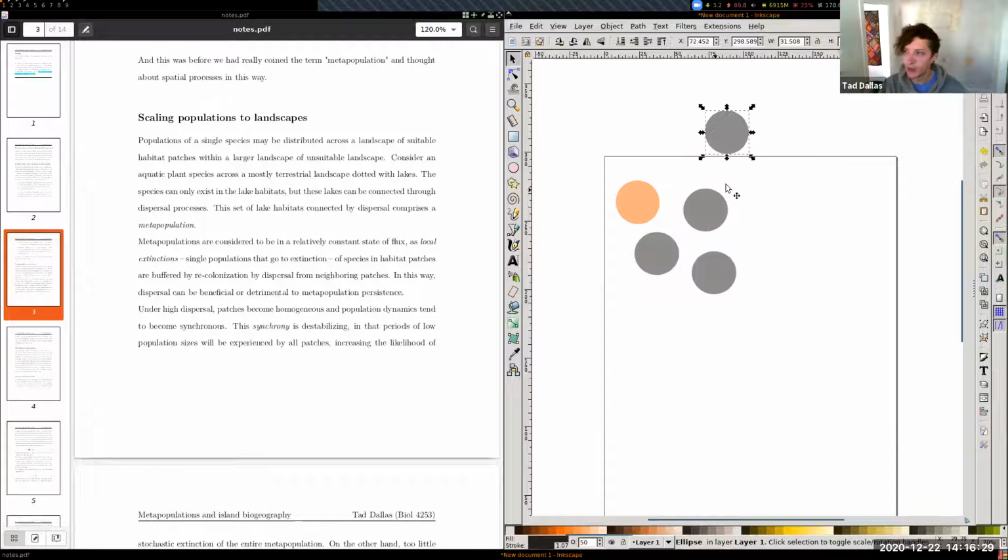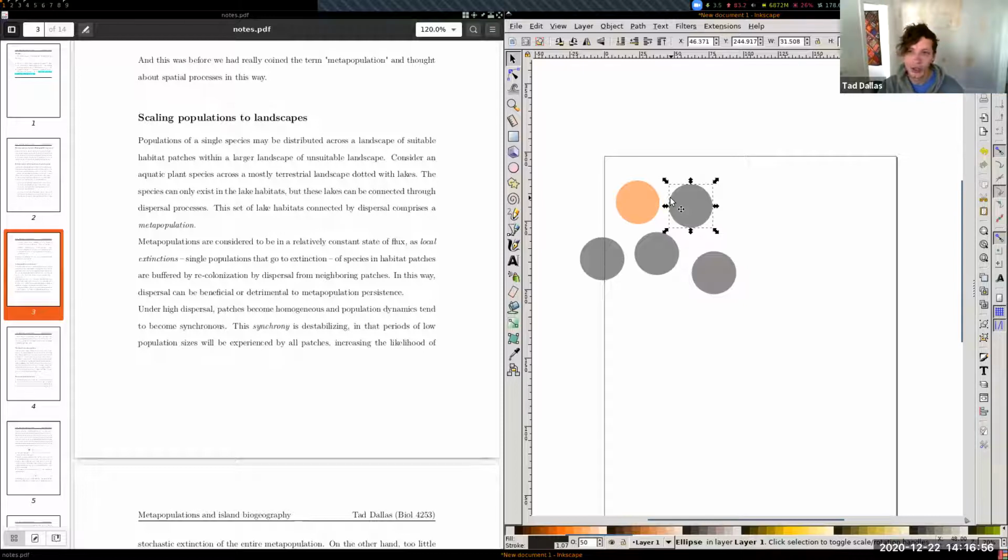But some patches might be farther away, and so getting there is just going to take a little bit more time. So this patch wouldn't necessarily be occupied as much. The concept of synchrony is when dispersal is high enough that population dynamics between two patches become quite similar.